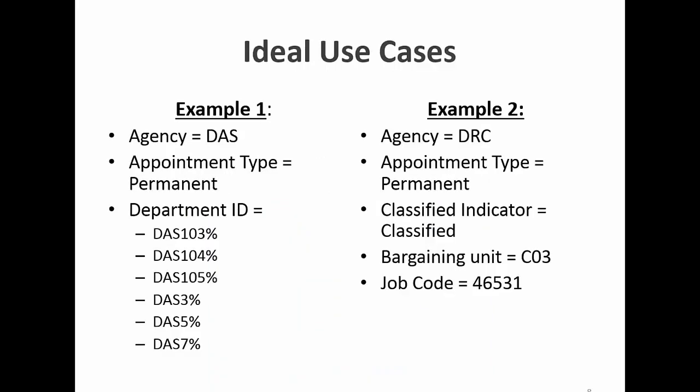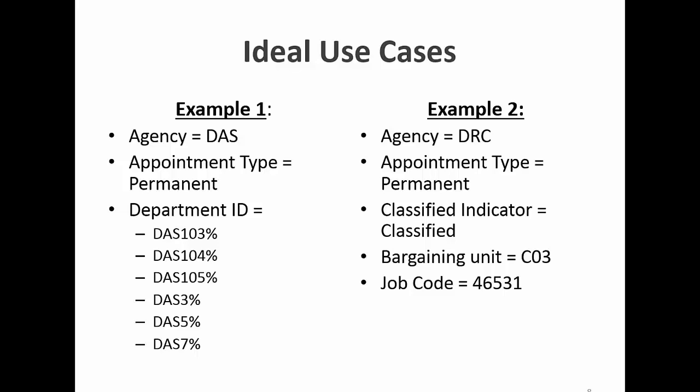All right, let me take you through just a couple of potential use cases. These are just a couple of tests that we've done. None of this has been used in production or in the live MyOhio environment yet. So these examples are some that we've tested behind the scenes in what we call our QA environment or our test environment. So example number one is for DAS. So we're looking at appointment type permanent, and we're looking at 6 of the 7 department IDs at DAS.